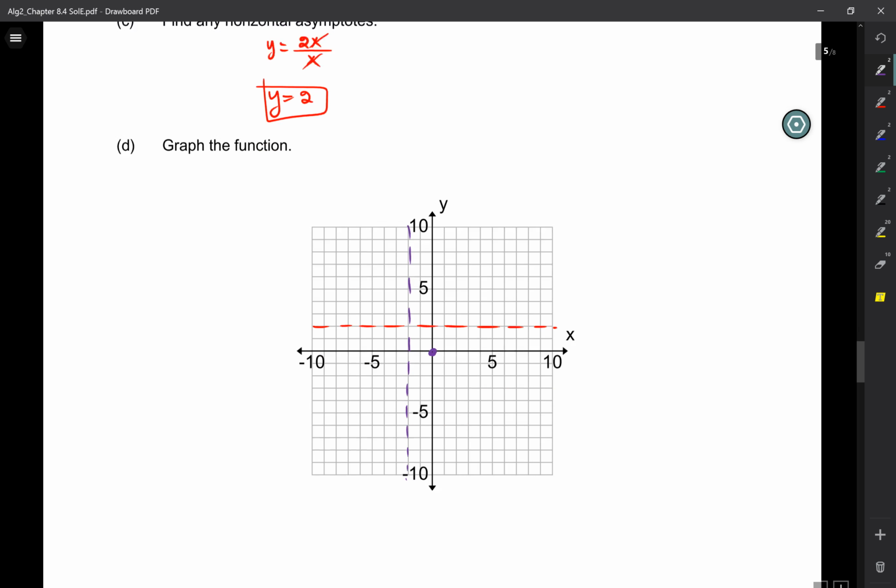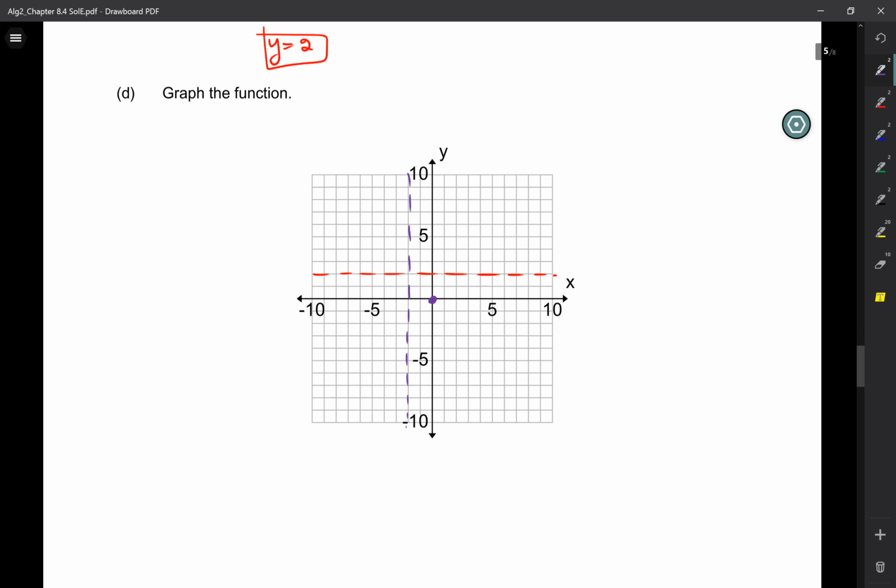Now, I know that at the end, it's got to follow this asymptote there. I know that to the right, it's got to follow this asymptote here. And I also know that there is only one place that it could cross the x-axis.